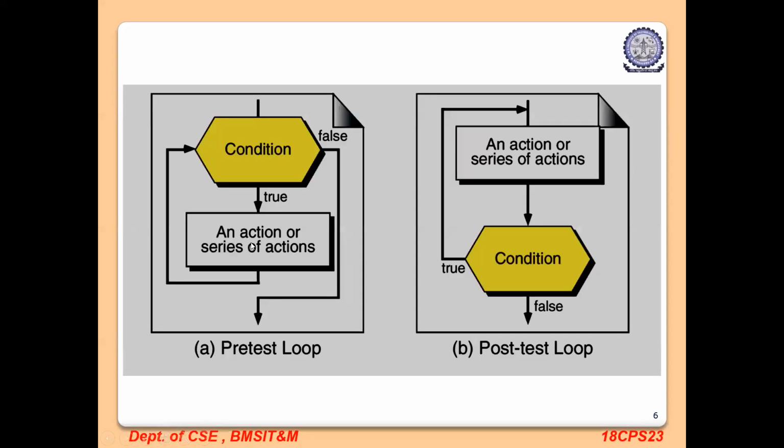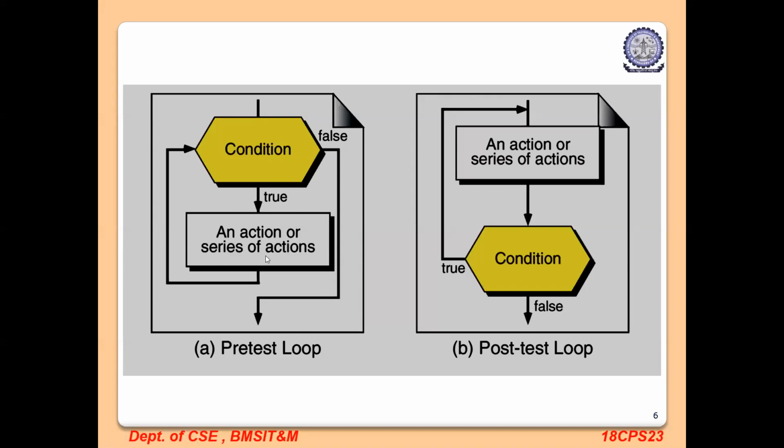So this is the flowchart representation of pre-test and post-test loops. Here you can see in pre-test, the first thing is the checking of the condition. Only if it is true, the statements within the looping construct execute. If the condition evaluates to false, the control comes out.